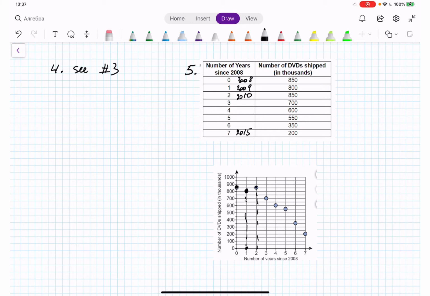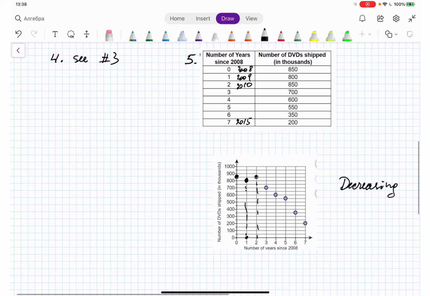So the question is, what trend appeared from the plotted data? It appeared that it's decreasing, right? Decreasing between 2008 and 2015, right?